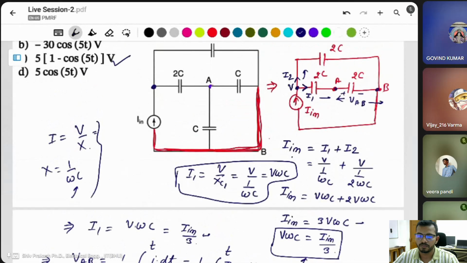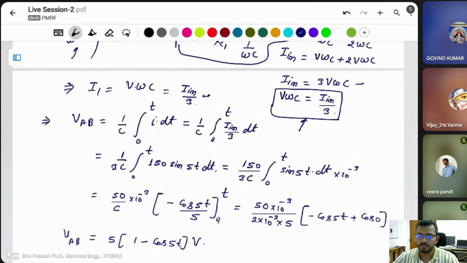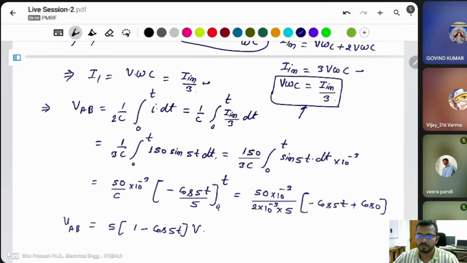If there's a current, there's a 2C. It will be 2C, I think. There's a 2C. 6C.